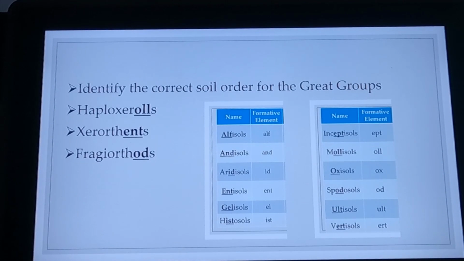So it is this little formative element that gives me an indication as to what soil order those soils belong to. Some people were using haplo or xero or fragio. That's not the soil order. And remember, just a couple of questions prior to this, I asked you what the 12 soil orders were.